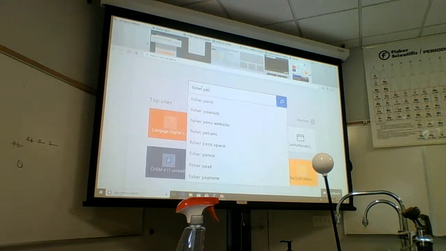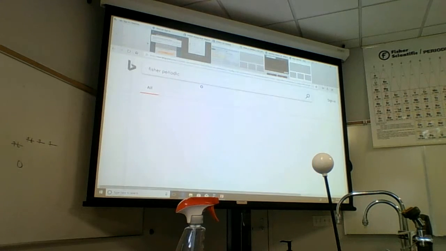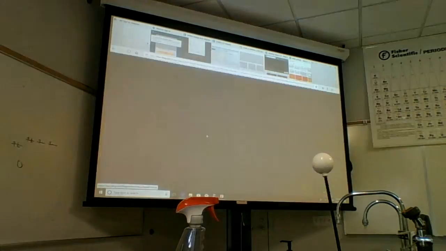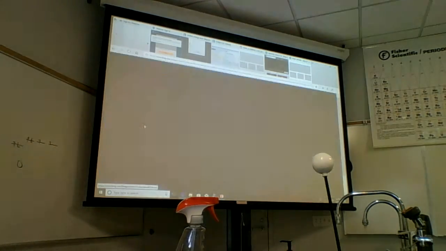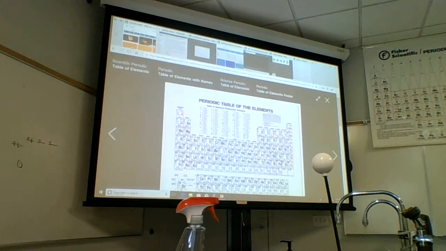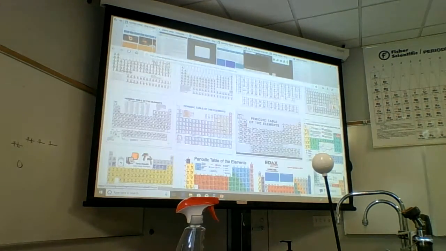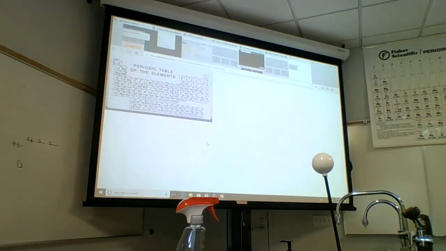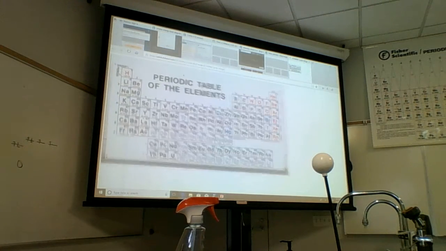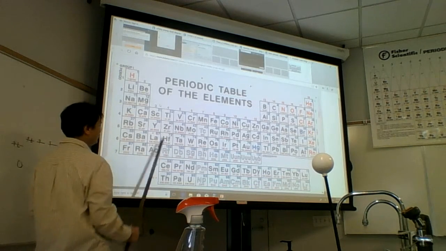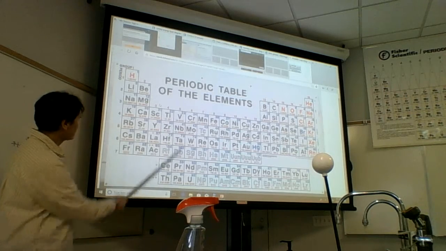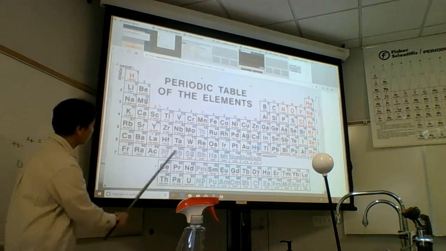That periodic table is different than the periodic table in our classroom. Resolution isn't so good. Let me get this one here. This is a little bit better. This periodic table and that periodic table are the same. So look at this periodic table, especially in this area. Look in this area here.